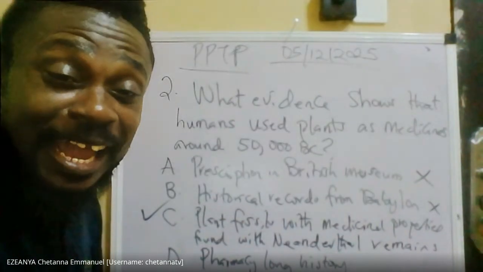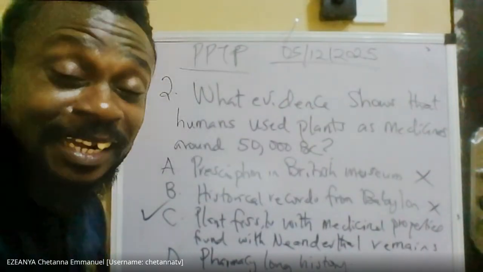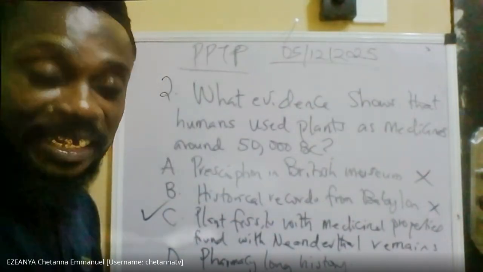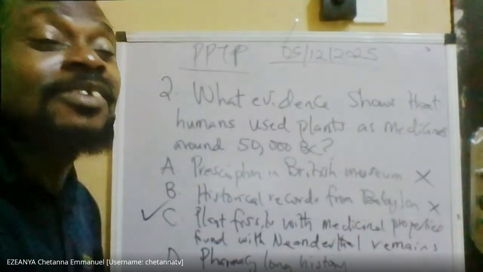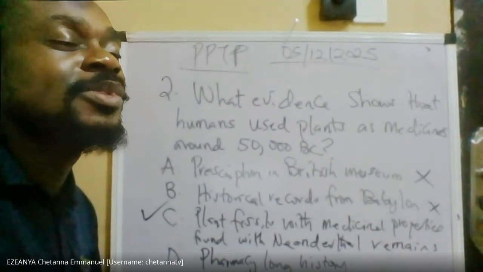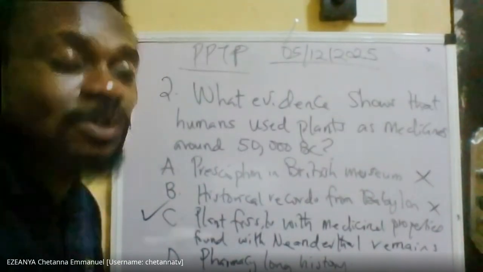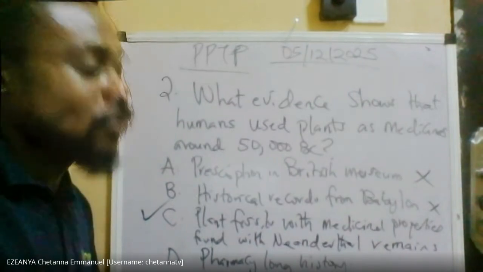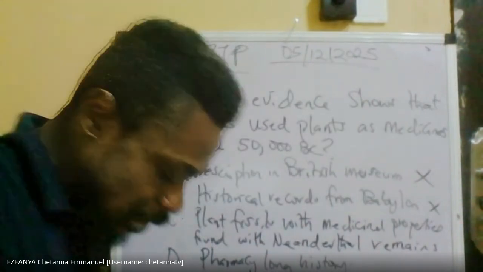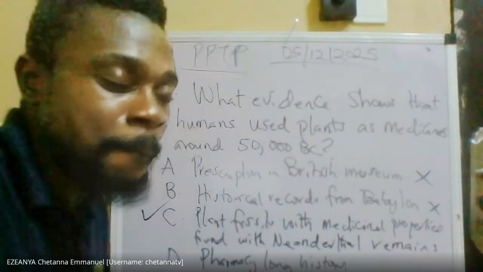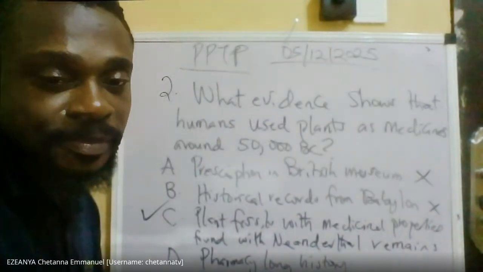Yes, I agree. Pharmacy has a very long history, very, very long history. What started as what you cannot even trace, just human existence with human civilization. Wherever human was, there was a plant to use for medicine or the other.